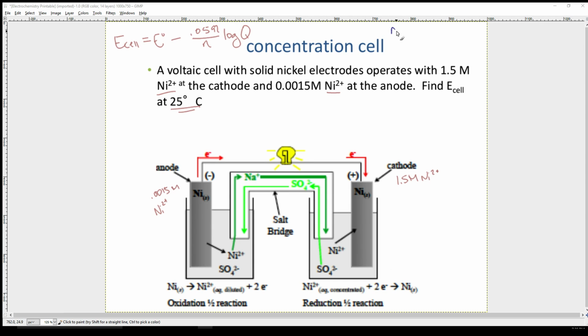So I have nickel solid, nickel 2 plus aqueous diluted. That's the one that has the lower concentration, so I'll write that down here just so I can keep track. It's 0.0015 and it's aqueous.